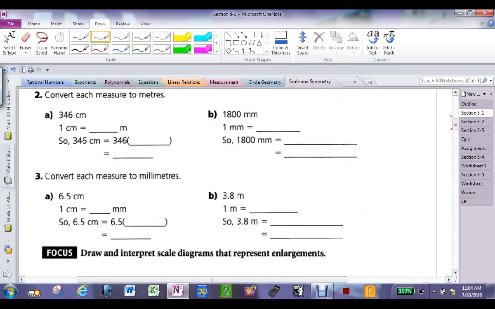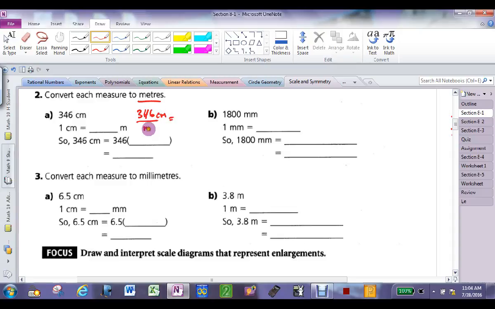I don't care which way you use. You can use the steps, the fraction method, or the multiply the pair, divide the spare method. This says I want meters, correct? I have 346 centimeters, but I need it in meters.